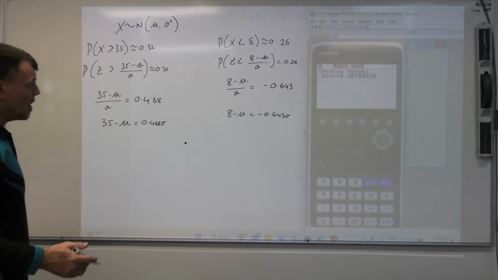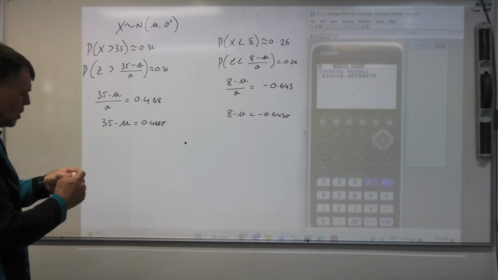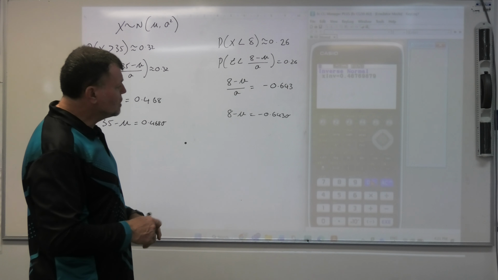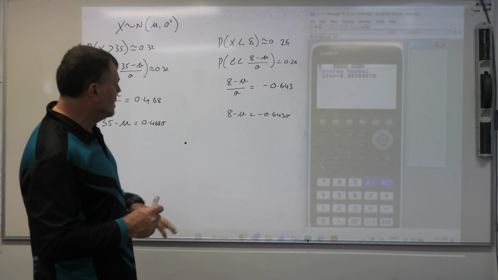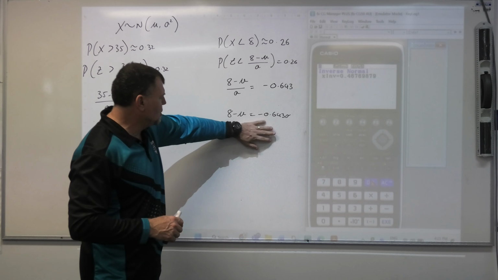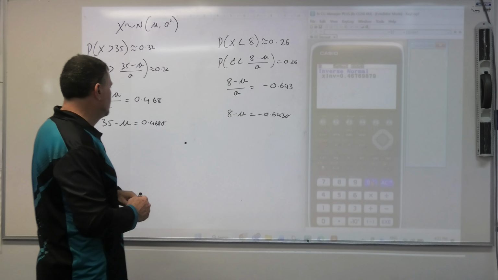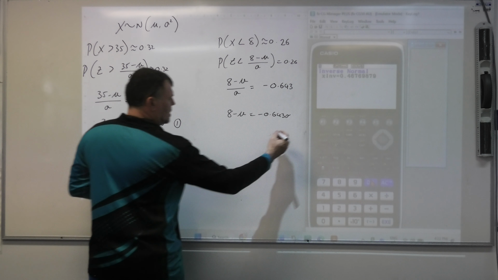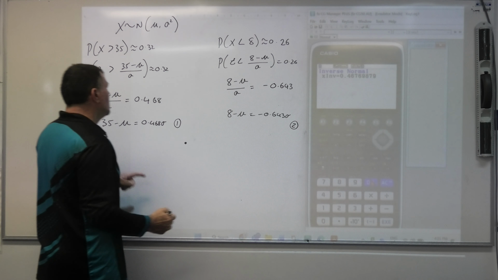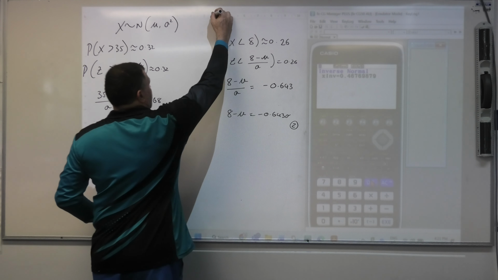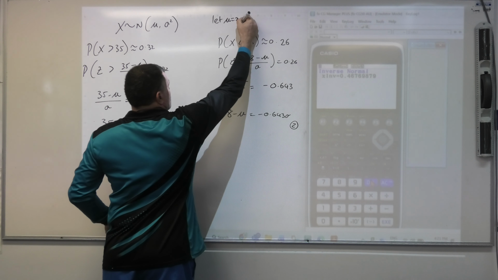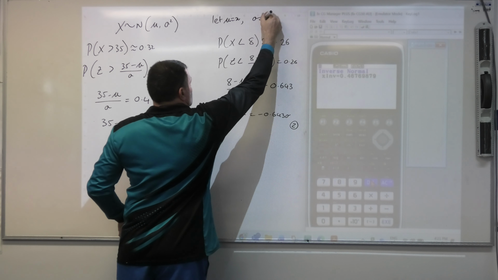Now we can do that simultaneously, or we could do it by using your calculator. If we're going to use the calculator, we want to rearrange this so that we've got x and y on the same side. We'll call this one 1 and this one 2. We'll also write up here, let the mean equal x and let the deviation equal y.